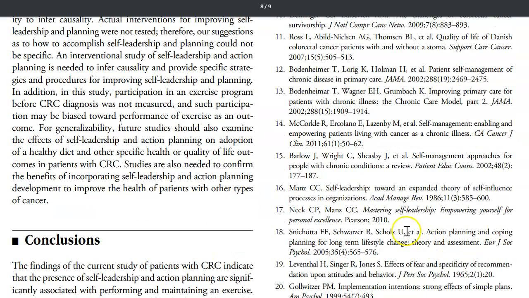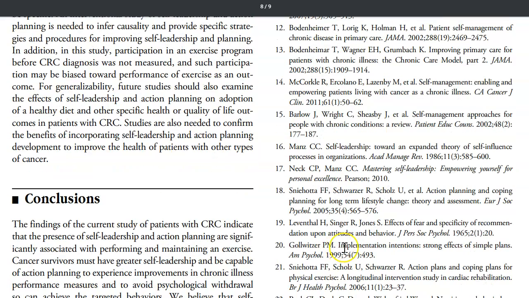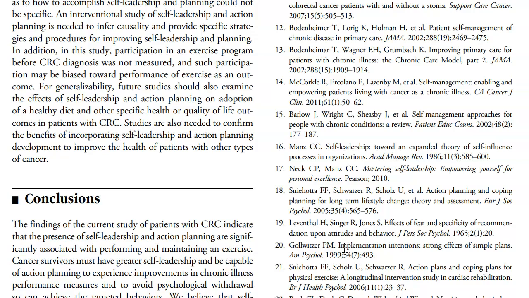Okay, 1986, 2010, 2005. Okay, so there are a couple relatively recent articles. However, most of those articles are relatively old, anywhere from the 1990s to early 2000s. So that is something that might be a concern.